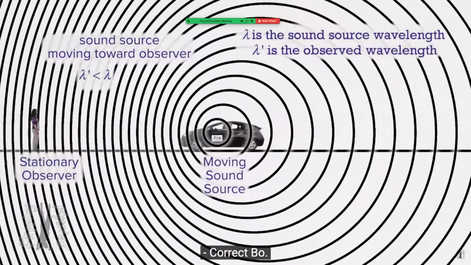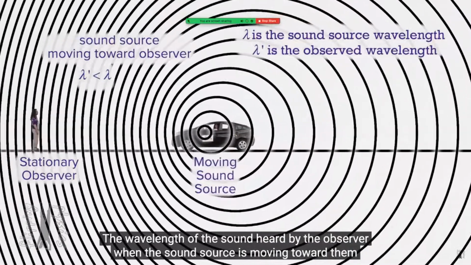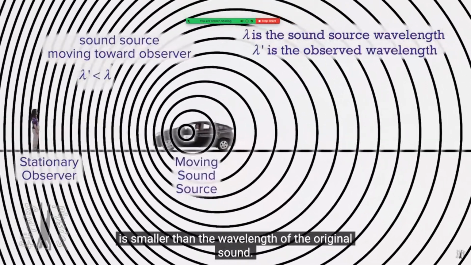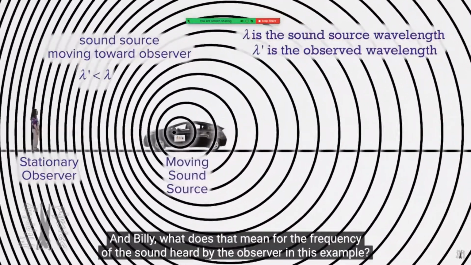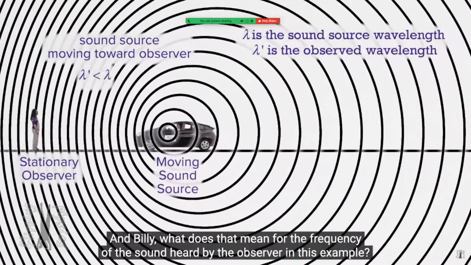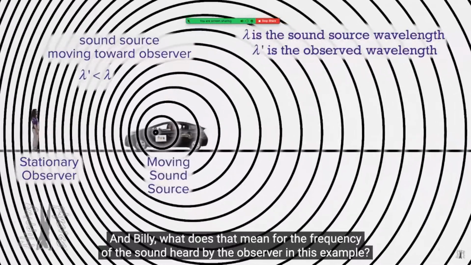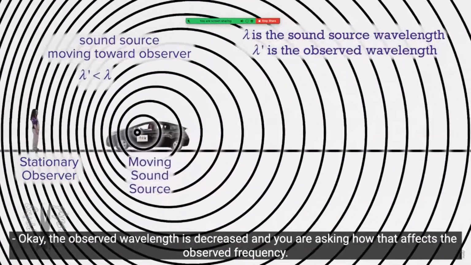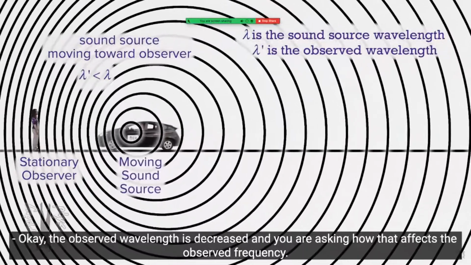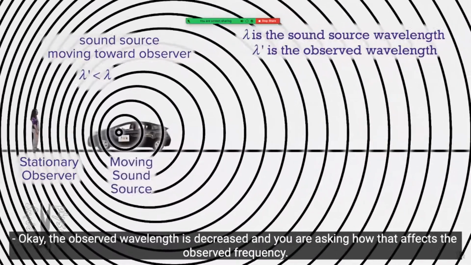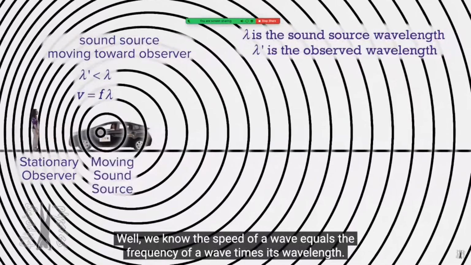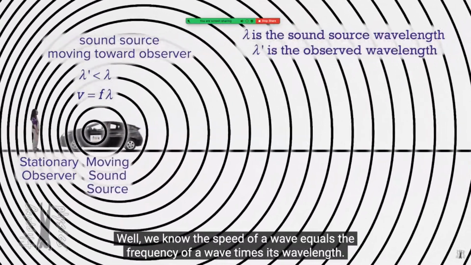Correct, Bo. The wavelength of the sound heard by the observer when the sound source is moving toward them is smaller than the wavelength of the original sound. And Billy, what does that mean for the frequency of the sound heard by the observer in this example? Okay, the observed wavelength is decreased, and you are asking how that affects the observed frequency. Well, we know the speed of a wave equals the frequency of a wave times its wavelength.